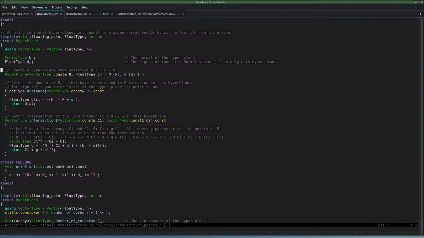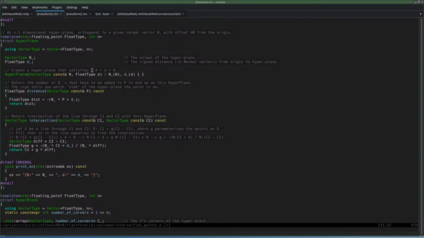And my problem is that if n equals 4 or more, then the hyperplane is 2 or more dimensions. No, 3 or more dimensions.